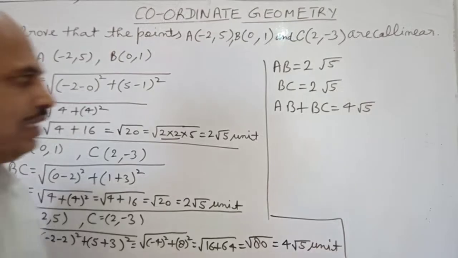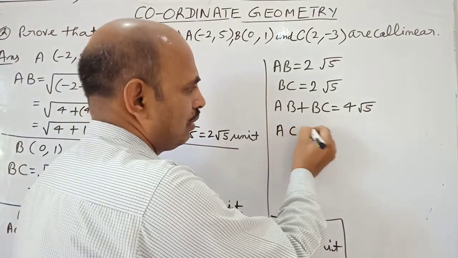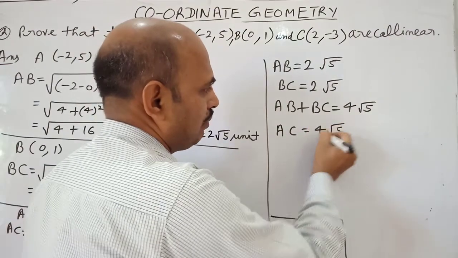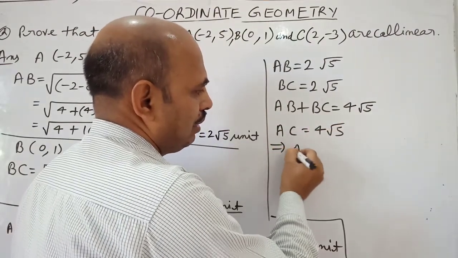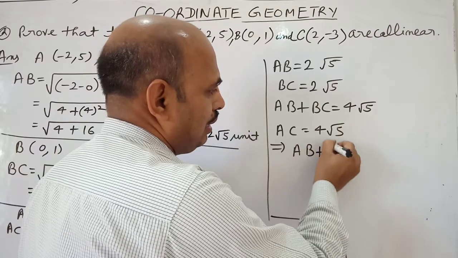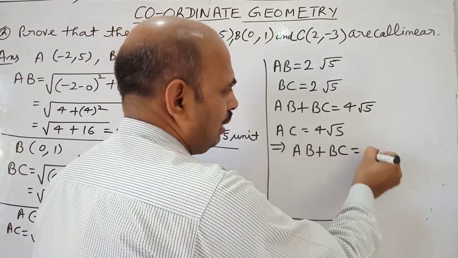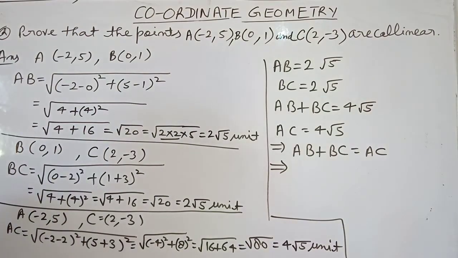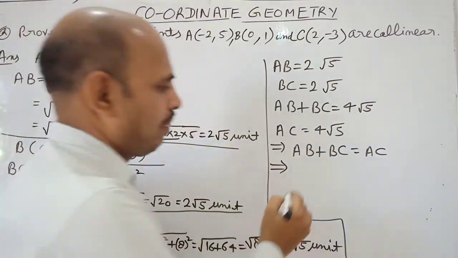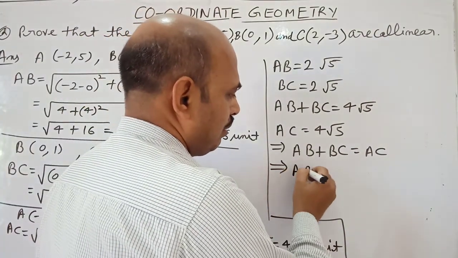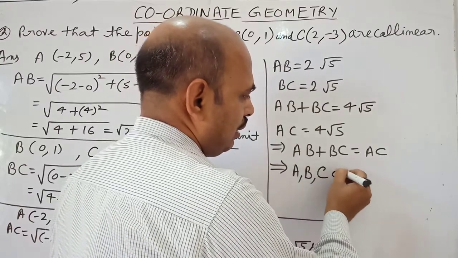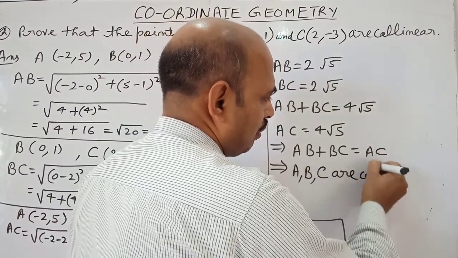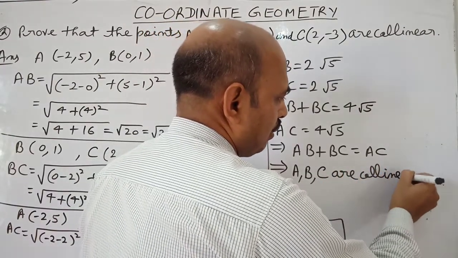And AC is 4 root 5. This implies AB plus BC equals AC. This implies A, B, C are collinear.